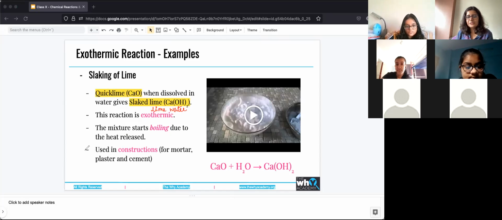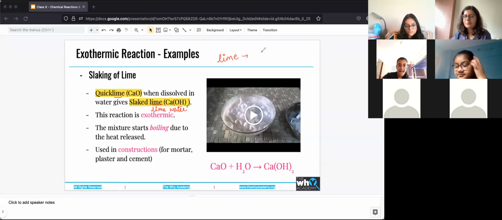You must be seeing a pattern here: quicklime is CaO, slaked lime is calcium hydroxide. Typically, if you see lime in a common name, we're not talking about the lemon-lime thing. We're talking about the chemical lime. It's basically a compound of calcium, Ca.